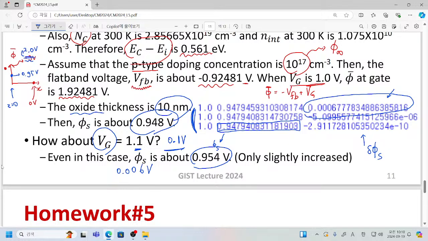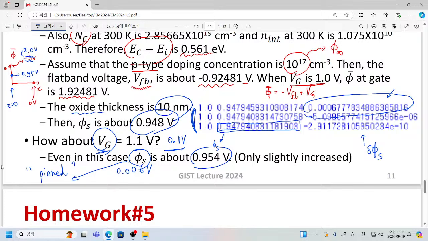It is only because our gate voltage is sufficiently high, so this MOS system is already in its strong inversion regime, so surface potential is more or less pinned, almost fixed, and additional gate voltage always just increases the amount of inversion charge density.